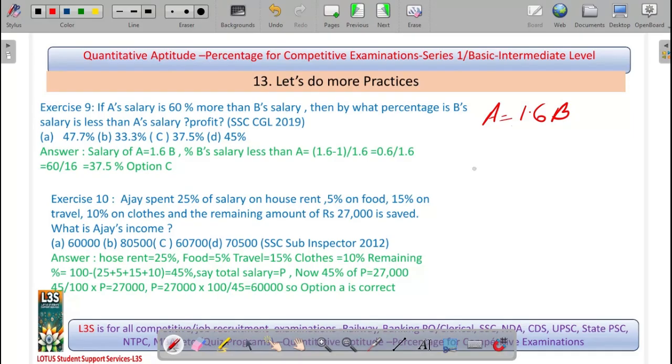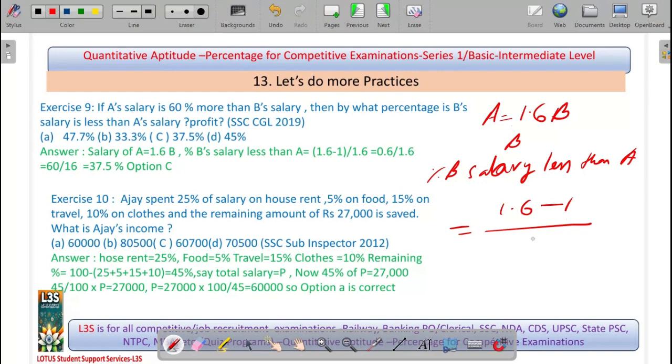So the percentage B's salary is less than A's equals 1.6 minus 1 divided by 1.6 into 100%.